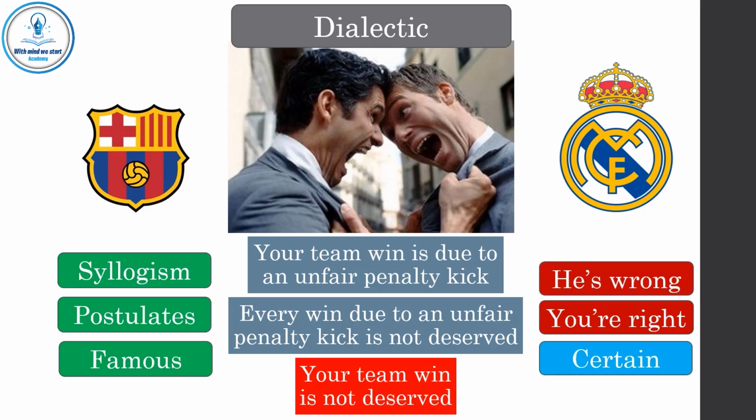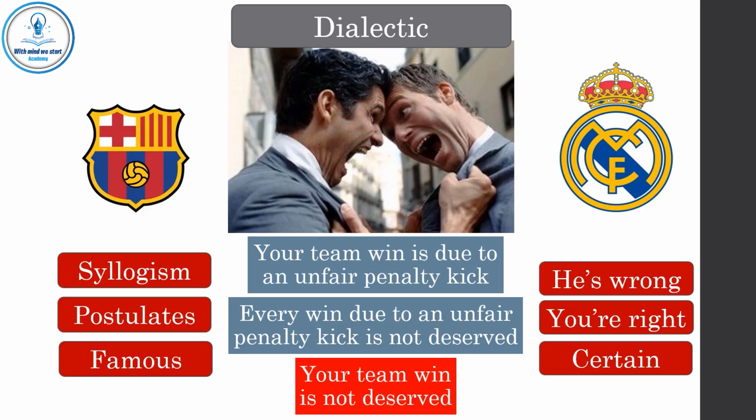Dialectic uses syllogism, and it also uses the postulates of the opponent as the premises. It may also use famous beliefs accepted by the opponent as the premises. The conclusion in the dialectic is certain for the opponent. He must accept it. In this way, you win the argument or the debate.